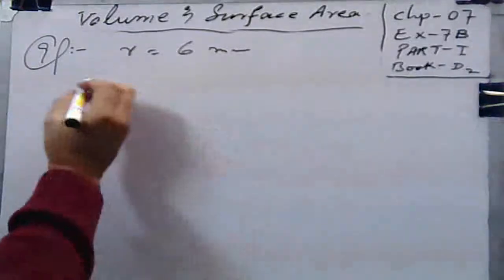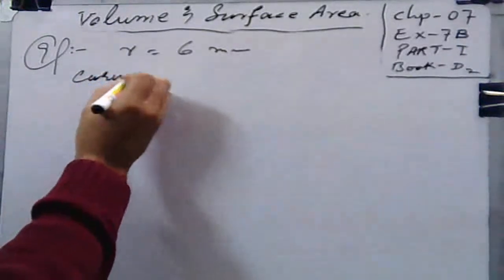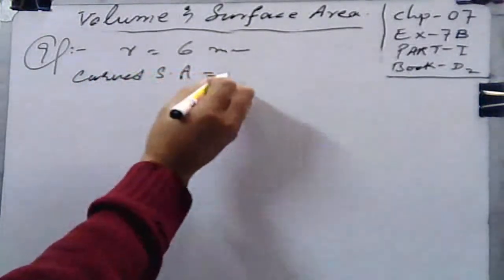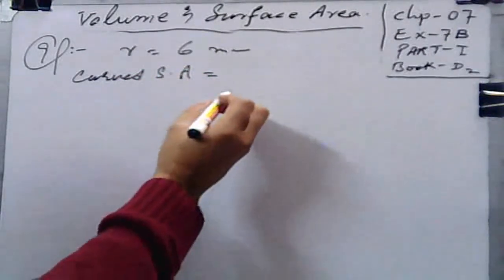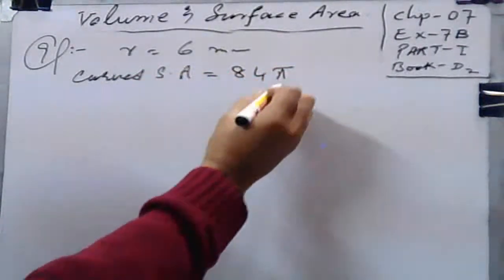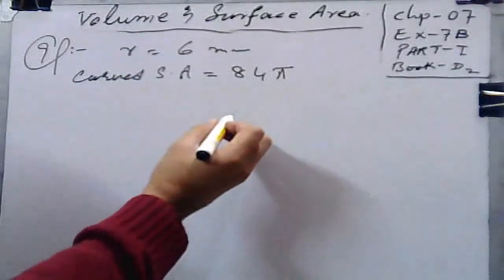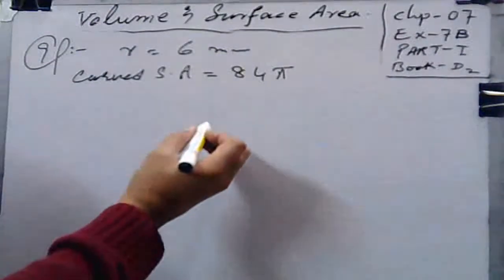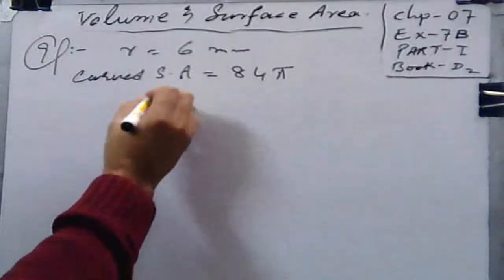Curved surface area is equal to 84 pi. And we have to find the slant height of the cone, that is L. We have to find this.